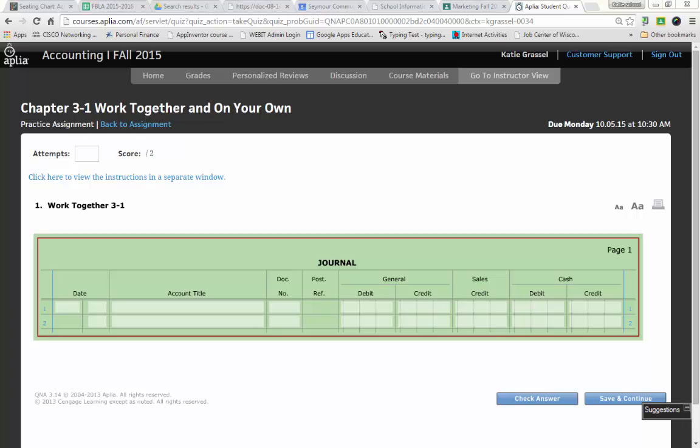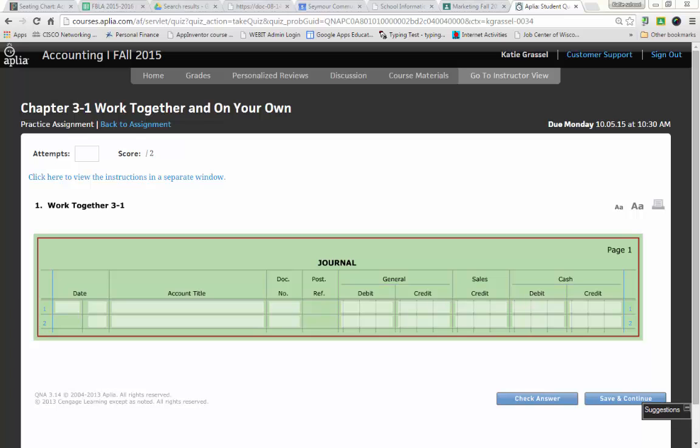So in our journal here, we have some special columns, and these special columns are truly columns that are used a lot. So in a business, we hope to have a lot of sales. Would you agree? That's why we're going to have sales, and we're only going to do credit because we don't have to worry about sales debit. We could in the future have a mistake that we need to do sales debit, but we're not going to have a special column for it.